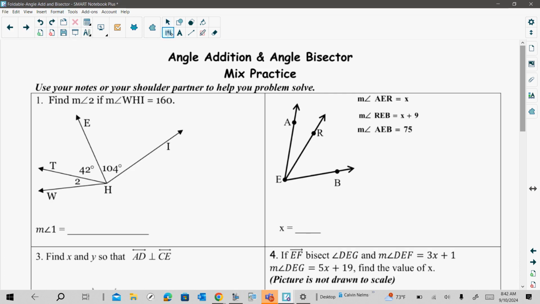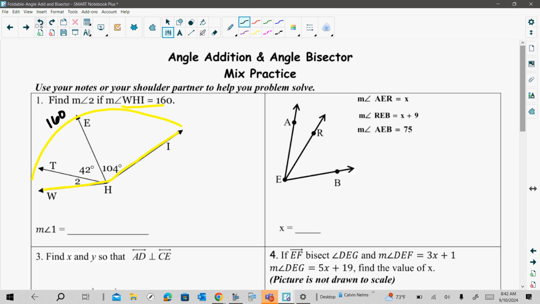Okay, but on number one, they want you to find the measure of angle 2, but they tell you right here, WHI. So if I look at this angle, WHI is the whole angle, and that angle equals 160. So to find angle 2, basically, I'm just adding up the adjacent angles.